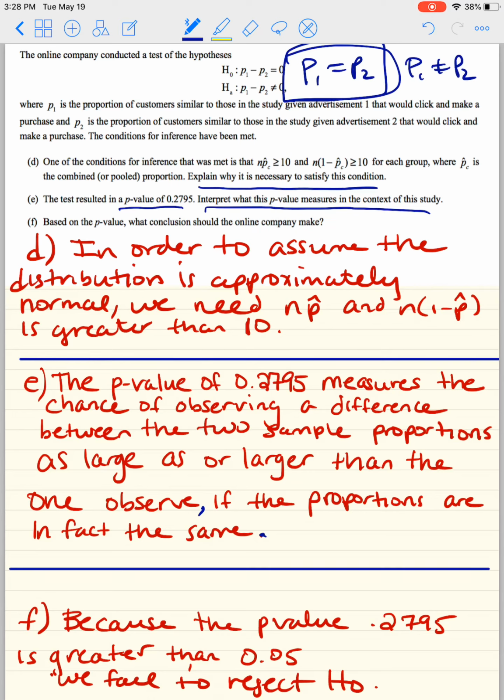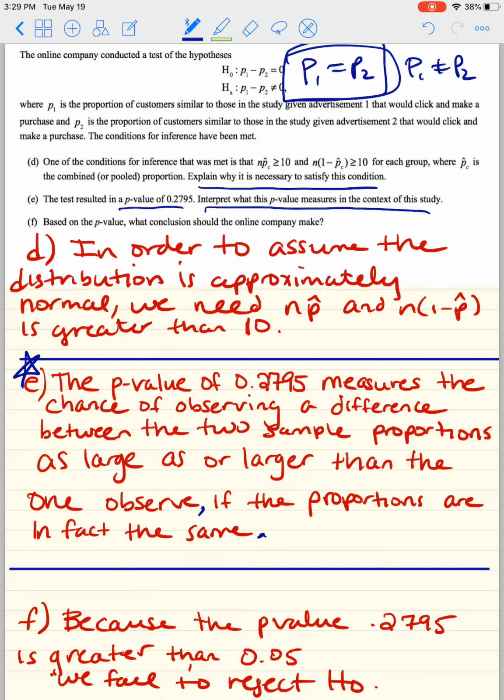So the p-value measures the chance of observing a difference between the two, basically determining if the two proportions are different based on the advertising. I think you guys should either understand or memorize this, but it's very important to understand how to interpret the p-value. And then letter F says, based on the p-value, what conclusion should the online company make?